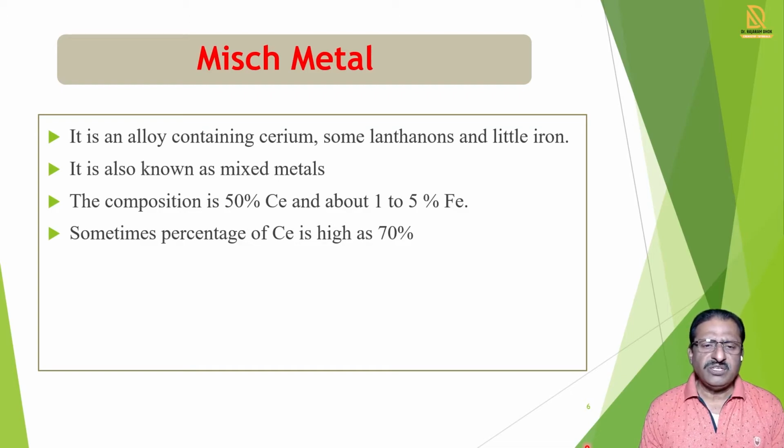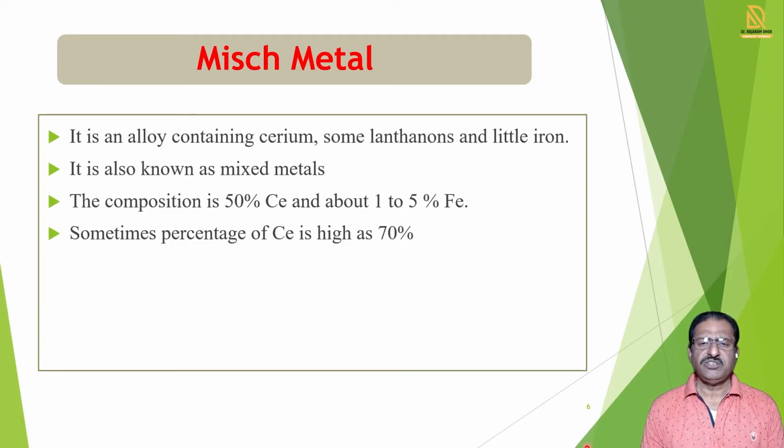But mainly we use the word mixed metal. In the composition of mixed metal, about 50% cerium is present and about 1 to 5% Fe is present, and the remaining is some other lanthanone elements.